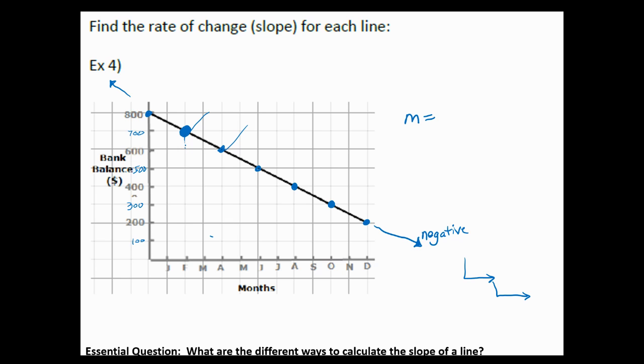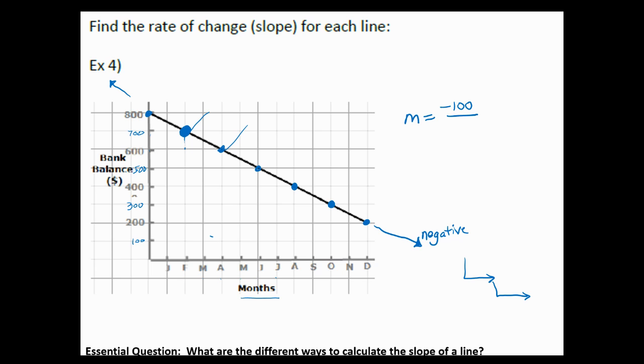So how much is counting down 1 box worth? It's worth 100, right? Because each box, 600, 700, 800, is going down 100. So down 100. And then is each box down at the bottom in months worth 1? January to February to March to April to May to June, July.